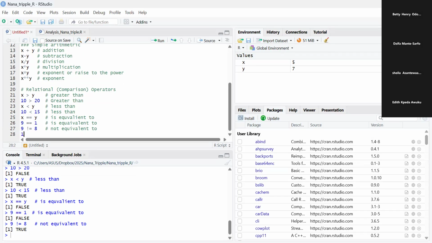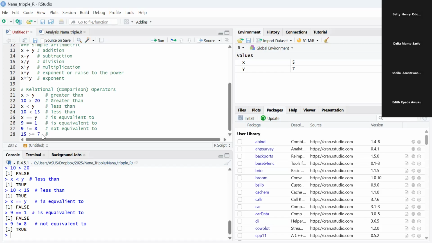Greater than. So 15 is greater than or equal to maybe 7. What do you expect the answer to be, ladies and gentlemen? False.